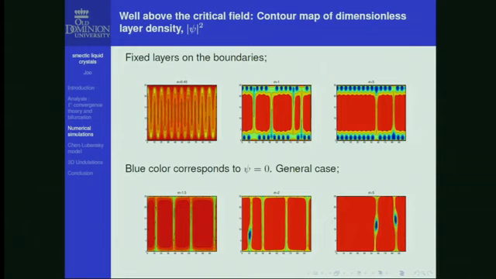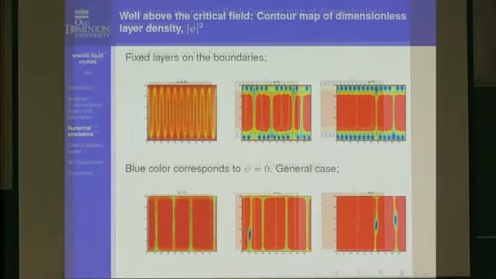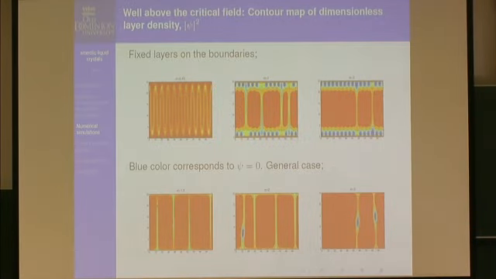The vectors are fixed at the boundaries, but the layers cannot match, since the layers are flat at the top and bottom as well, while the directors want to be parallel to the direction of the magnetic field. But in the middle, the layers can be vertically aligned. For the general case, since the layers can move freely, the layers are going to be like this. That's why psi does not become 0 at the top and bottom.